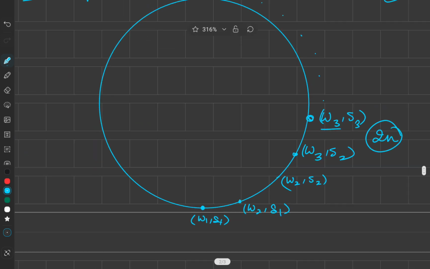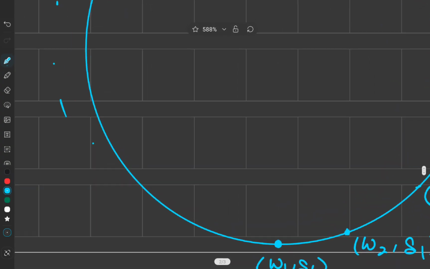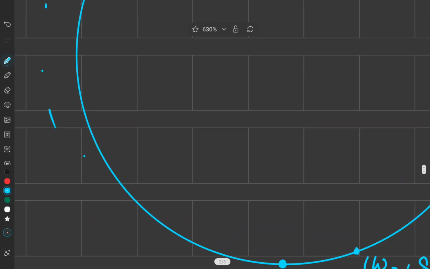Likewise, there would be wn sitting on sn minus 1. This is a minor mistake here.